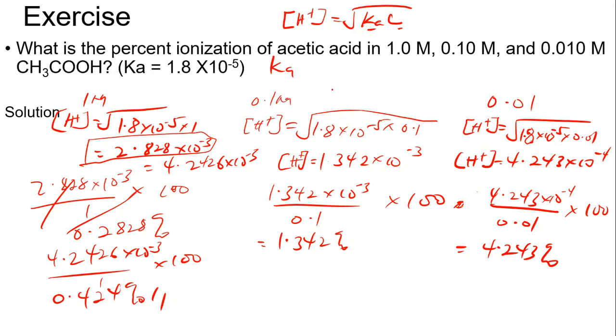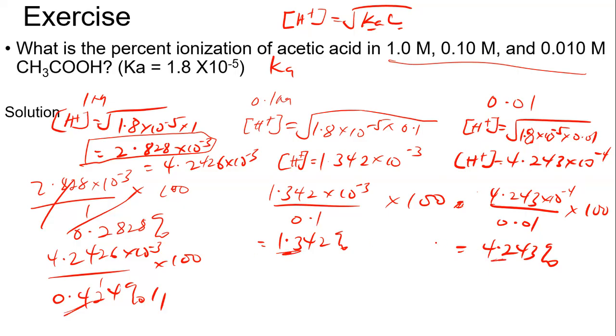Now, one thing you observe is that the concentration here is decreasing. Decreasing concentration can also mean increasing dilution, right? So if you decrease your concentration, it means you are diluting the solution more. Now, what is happening to the percentages? The first percentage we had was 0.4, then we came to 1.3, and then we came to 4.2.